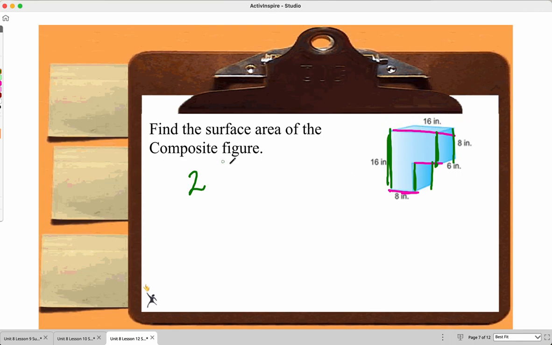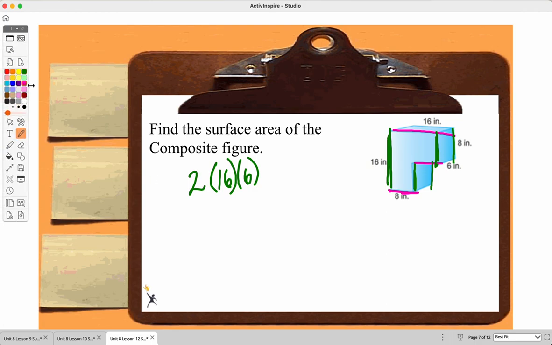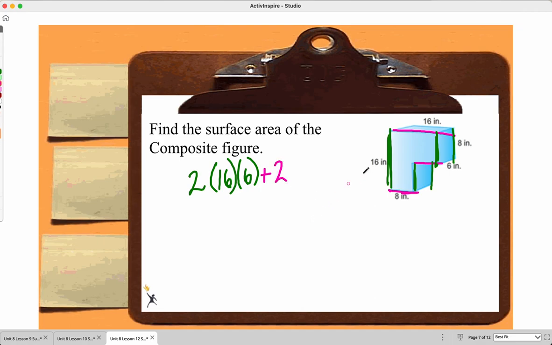So to find my green one, my surface area is 16 times 6. That's going to give me my surface area for this one, because those are the 2 measures that I have. And there's 2 sides like that. To find my pink figures, I have 2 sides that are like this again.